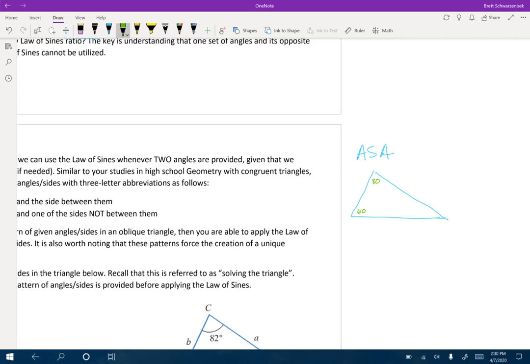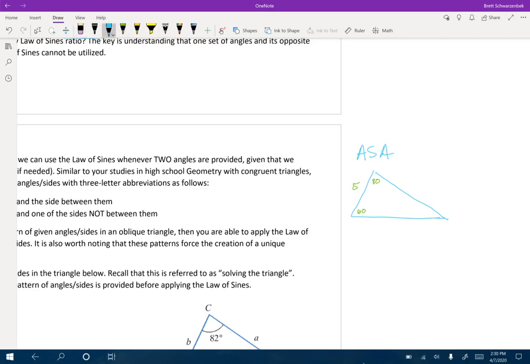If you're also given the side that is between the two angles, so for example, let's say this was 5, then the law of sines will be able to be used in the problem in order to find missing pieces. That's the first part. What's the other one?